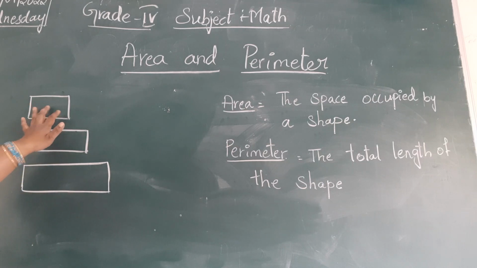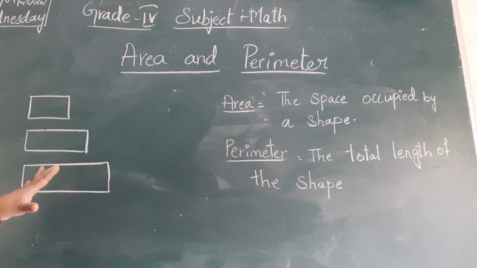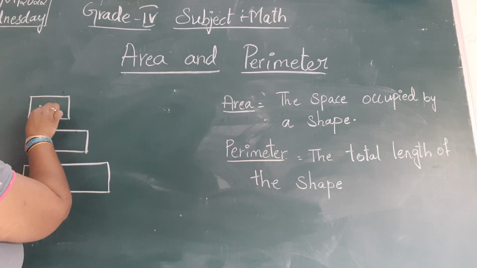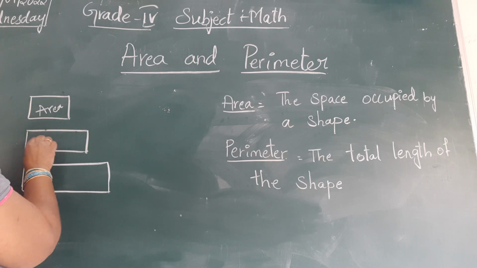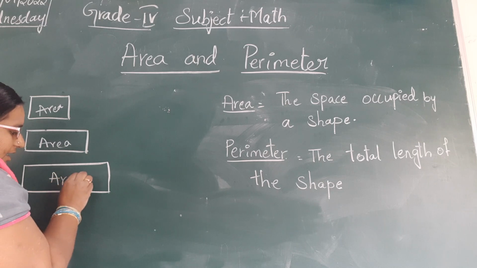No. The area of these three rectangles may change. Why? Because area means the space occupied by the shape, so it means inside the shape. Here also, inside the rectangle.